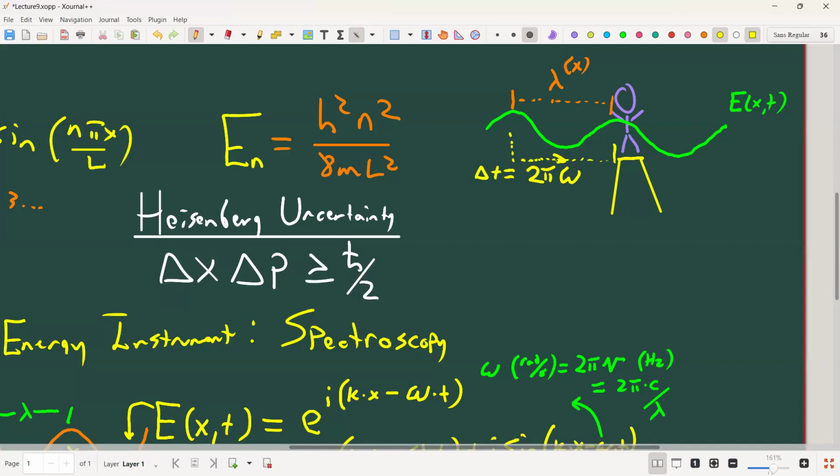So you can see how the spatial oscillations of the wave are related to the temporal oscillations of the wave, in the sense that if the wave is moving at the speed of light constantly, then its spatial wavelength is the same as its temporal wavelength. You could certainly have waves that are crunched in space but not in time, and vice versa. But we're talking about a wave that just acts very normally in space and time.